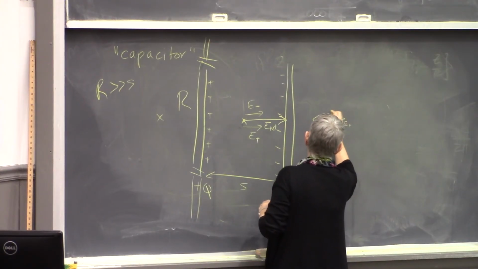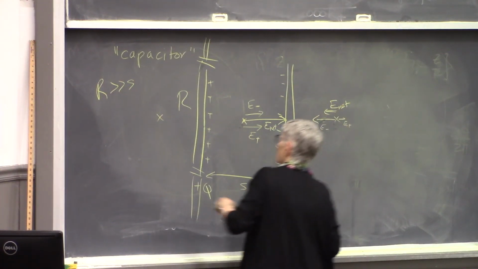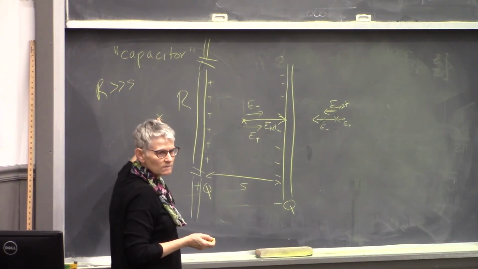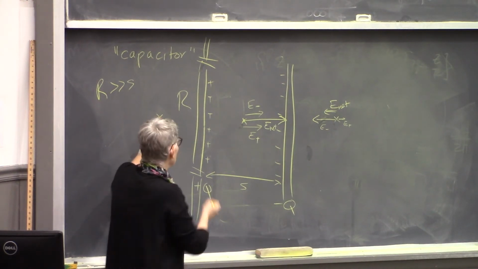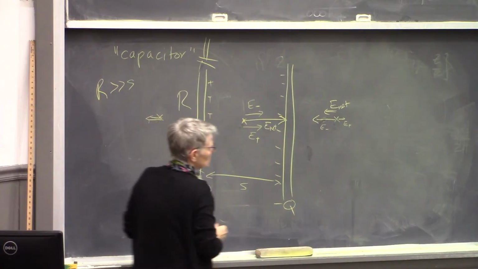So basically we have kind of a small field that way, and over here, yeah, same direction, isn't it? Same. In this case, E plus is bigger than E minus.